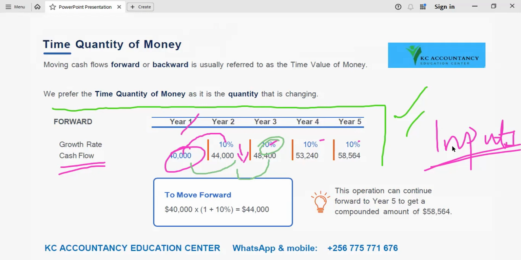Meaning this 48,400 has increased by 10% to 53,240, until you reach the last value here in year 5.